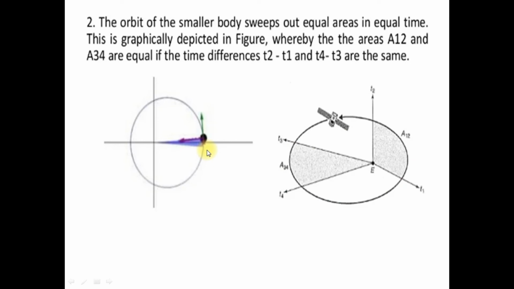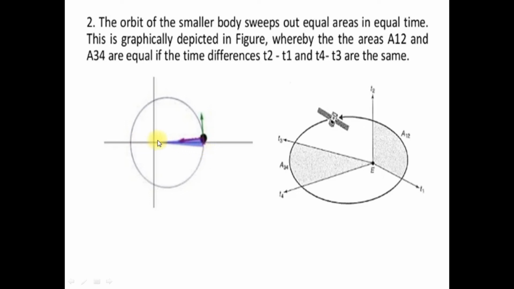Then the next one: the orbit of a smaller body sweeps out equal areas in equal times. This is graphically depicted in the figure, where the areas A12 and A34 are equal if the time differences T2 minus T1 and T4 minus T3 are the same.